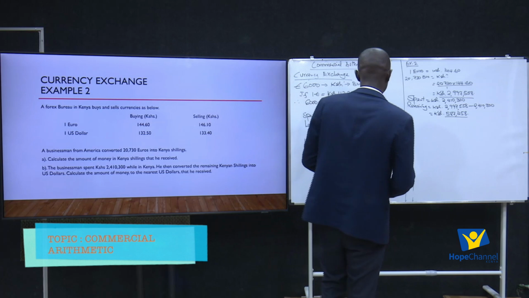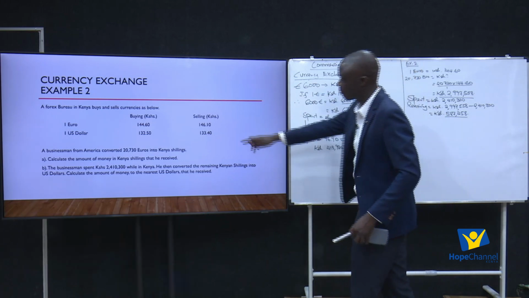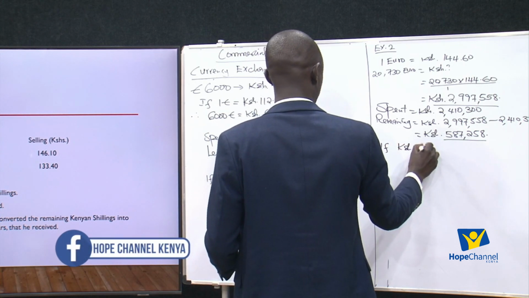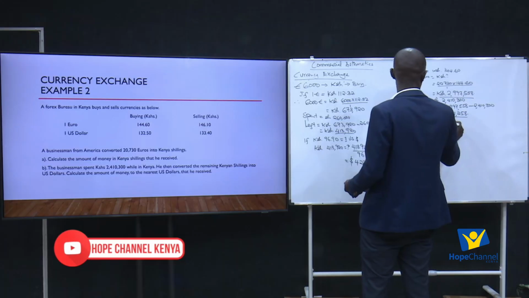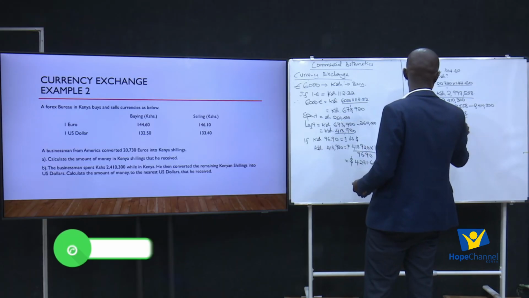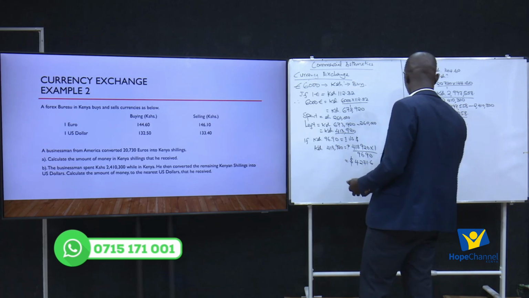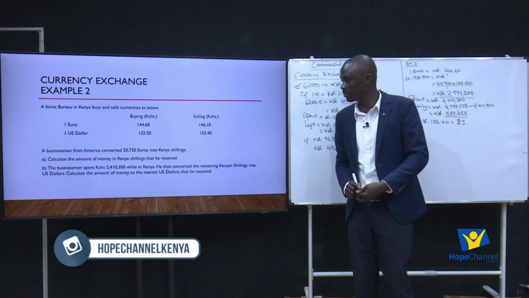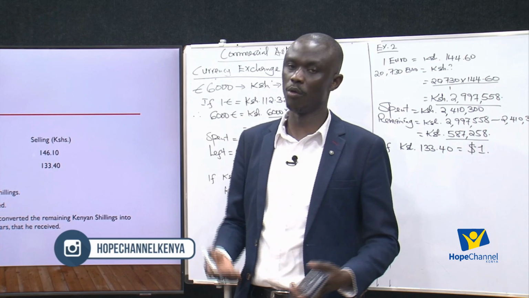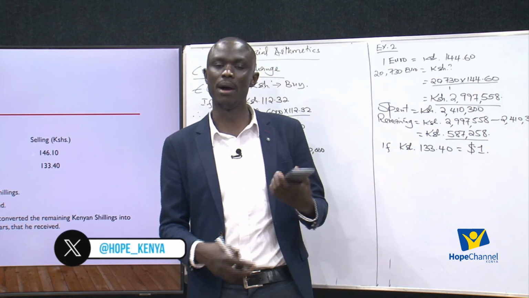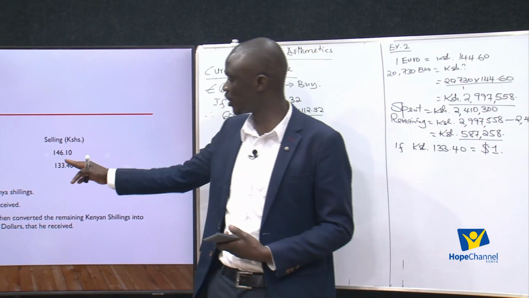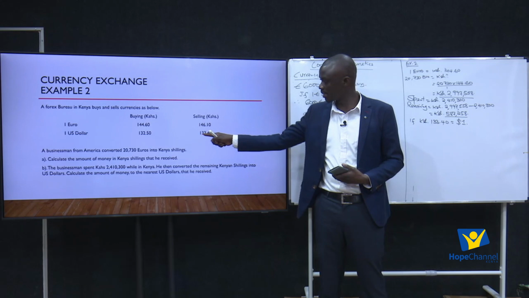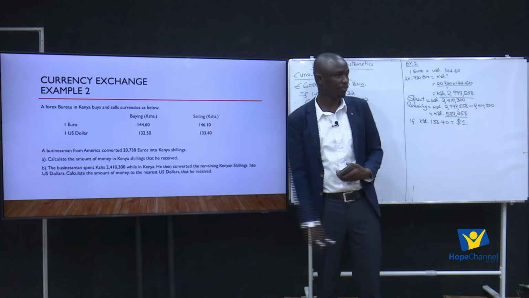So we use the column of selling, and we say 133.40 Kenya shillings is $1. Why are we saying that? Because now we have the Kenya shillings, but we are converting them into a foreign currency. So the bank will definitely sell. From our exchange rates, 133.4 is equal to $1.